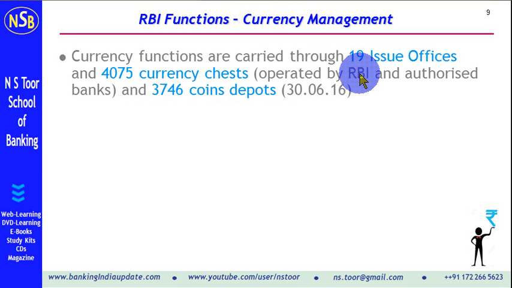Then this function is discharged through commercial banks. So commercial banks act as agents of Reserve Bank of India to operate those currency chests. In addition, there are 3746 coins depot also, and this position was as on 30th June 2016.